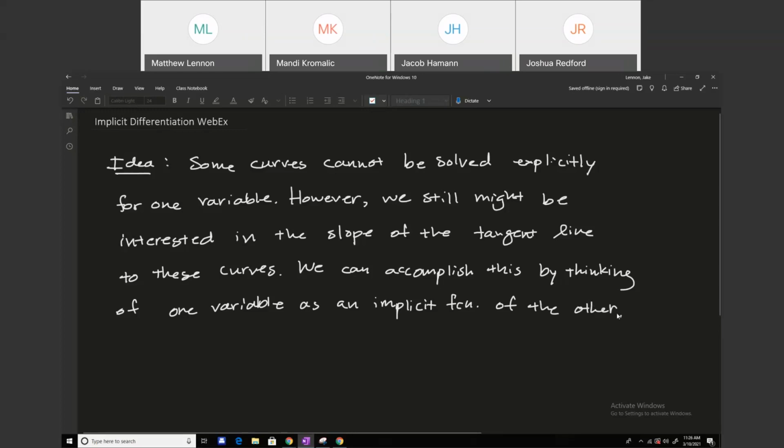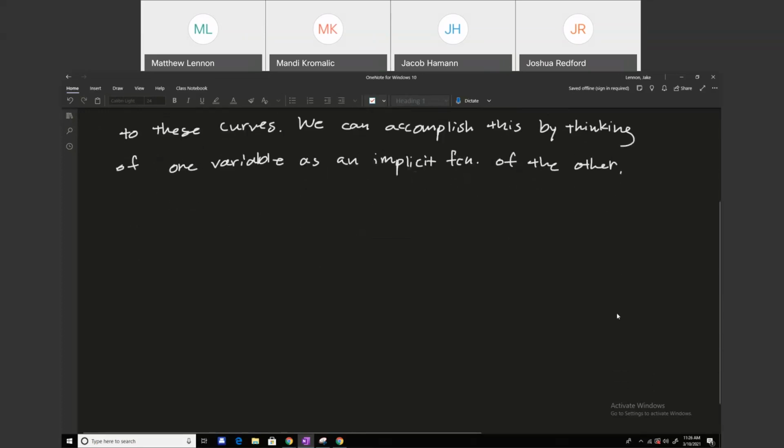So basically, this means that whenever you do the derivative of a function, you would take the derivative of that thing, then you would also multiply by some f prime of x. So we're going to do the same thing essentially with y and x. So let me show you how to do this with just a simple example.